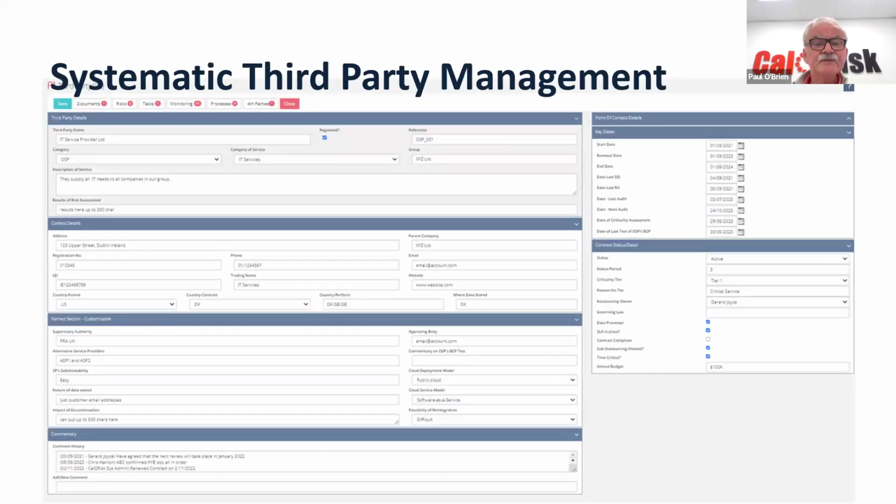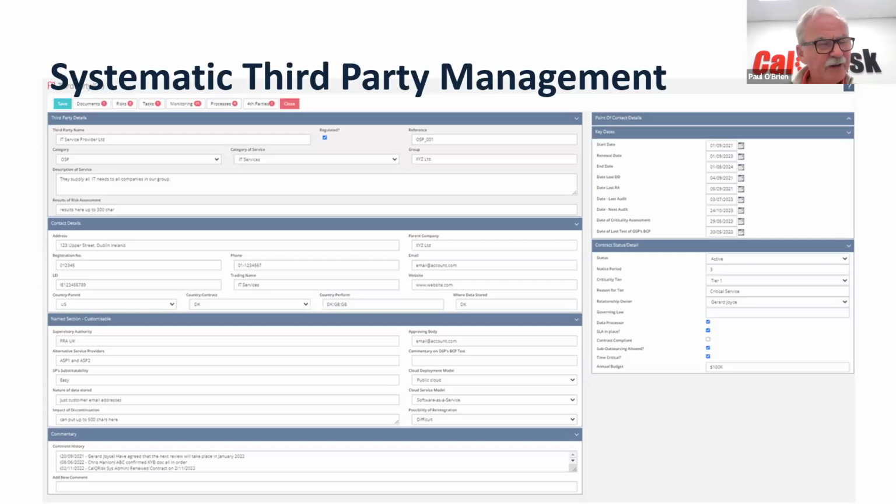This is a view of a systematic third party. This is from the calQrisk system. Lots of boxes to fill in. The criticality issue is discussed here. And when you get your tier ones or your top levels, obviously this gets more filled in.